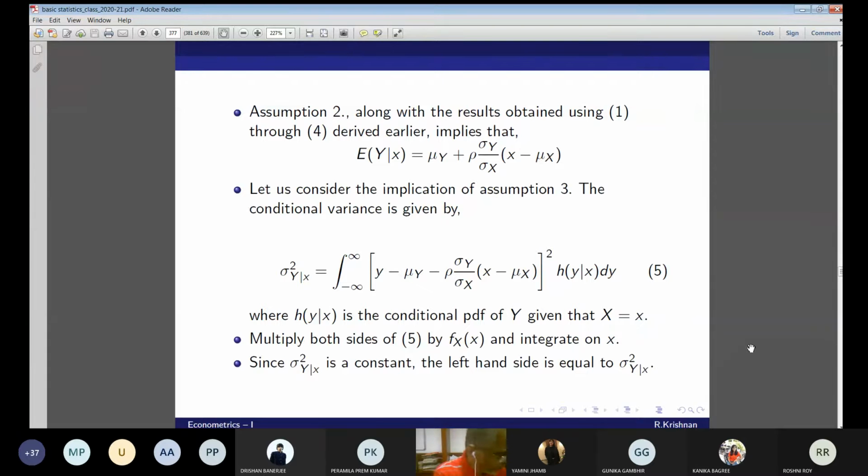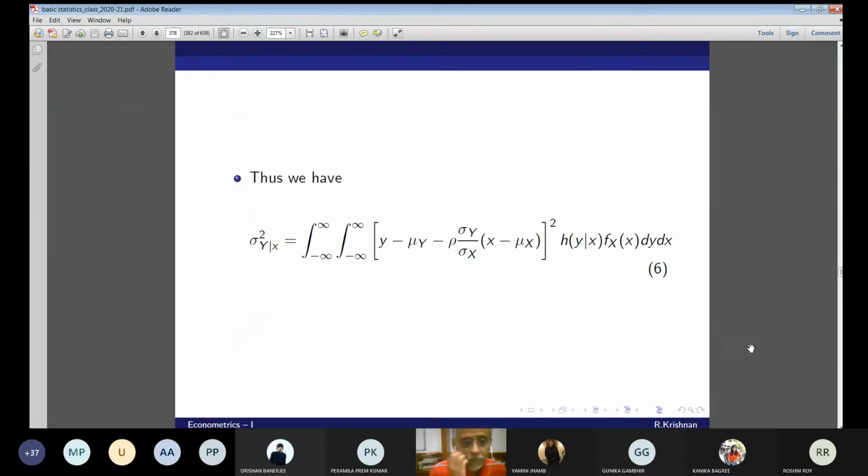I've given you the left hand side. What will happen to the right hand side? Is it okay?